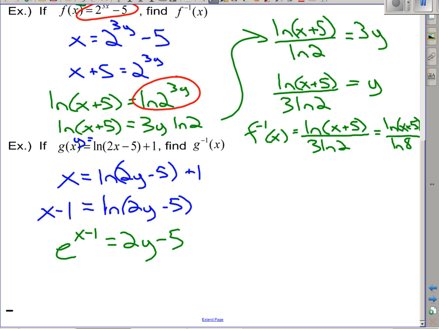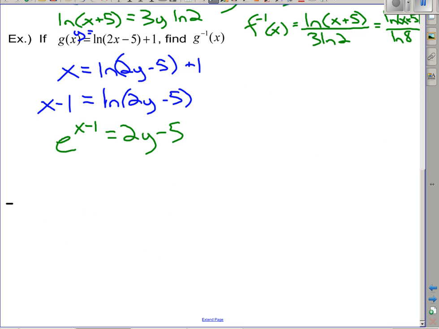Just like if I were to write log base e of, I don't know, 21 equals x, you'd know that in exponential form that meant e to the x equals 21. Same thing over here. Base is e, the exponent was x minus 1 for us, and the result was 2y minus 5.